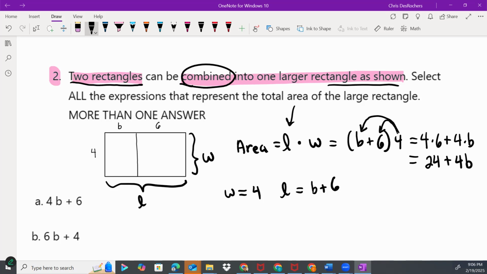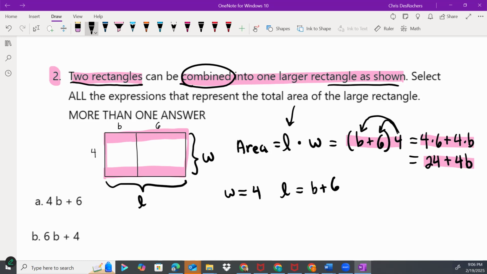And part of why we did that is because this expression looks a little bit different from this expression and this expression, but they're all ways of expressing the same area of these two combined rectangles.